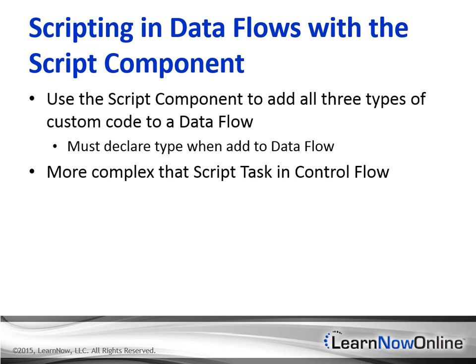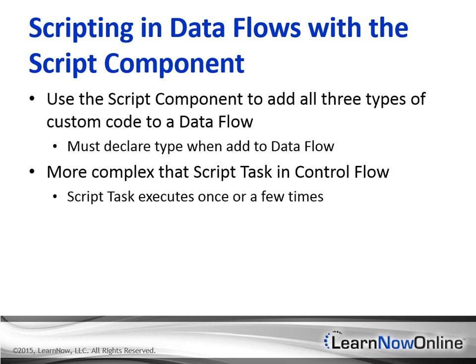As you can probably imagine, data flow scripting with the script component is more complex than control flow scripting with the script task. You have many more options as you process data rows, and these options yield more complexity. One of the biggest differences between the script task and the script component is in their execution of code.